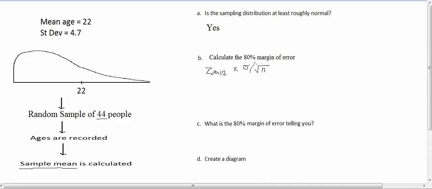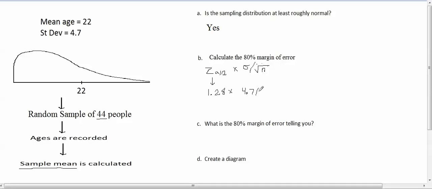I already went to the table and it told me that the confidence coefficient for 80% is 1.28. So I'll plug that in right here. Next I need to plug in the population standard deviation, which is provided in the question. It's 4.7. Next I need to plug in the sample size, and it's provided in the question.